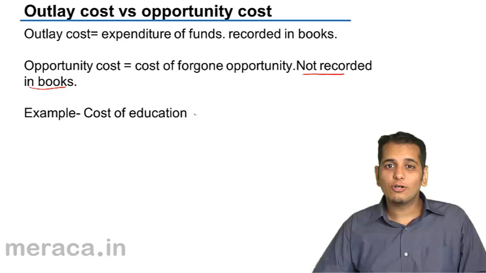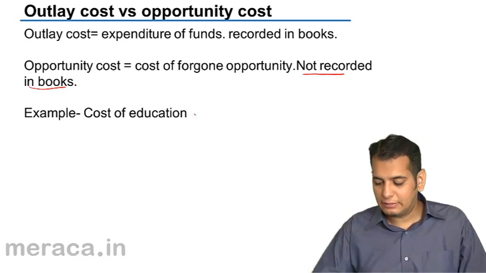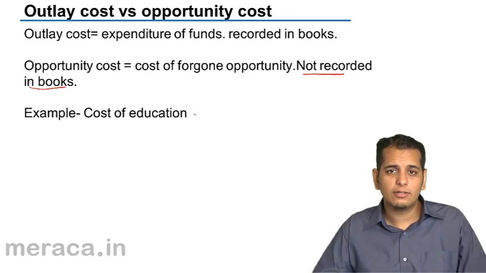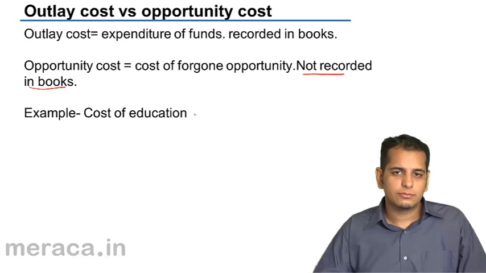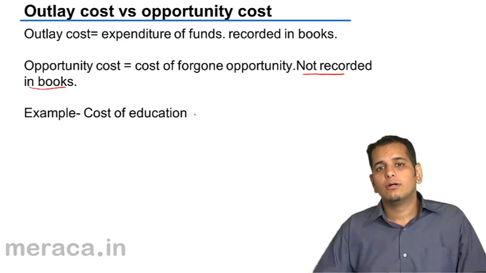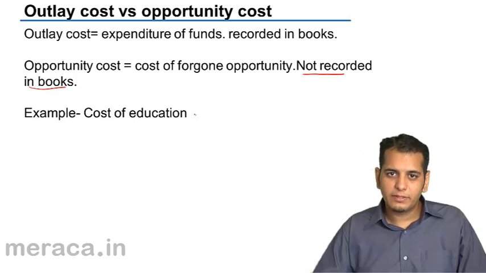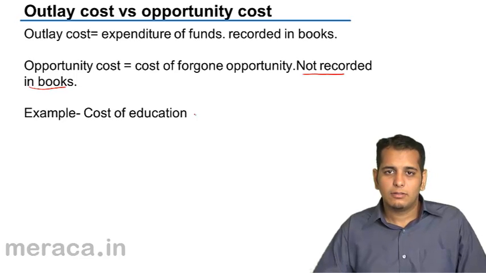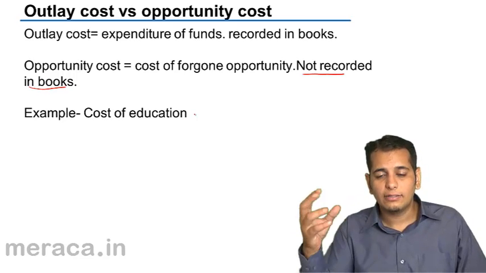For example, the cost of education. Now let's assume that you are a chartered accountant. Now your family members are expecting you to get some job and start earning some money. But you want to do an MBA.